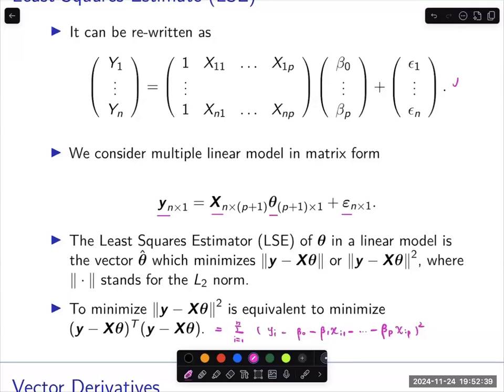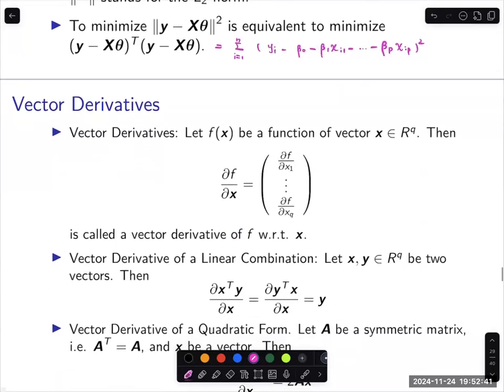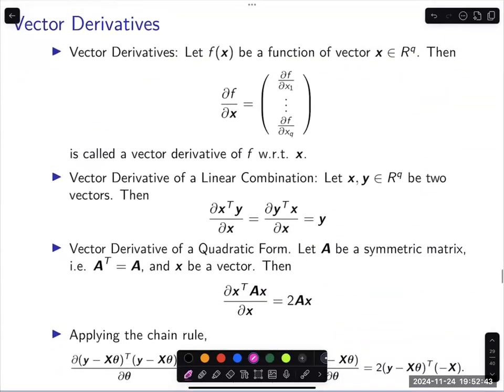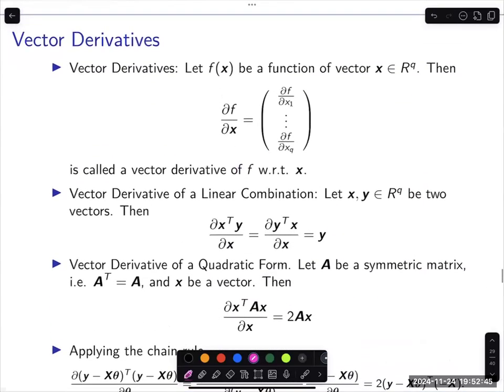This would be a very tedious work. Alternatively, we can utilize the vector derivative. In the vector derivative, we are dealing with the derivative with respect to the vector rather than each individual coefficient one by one.